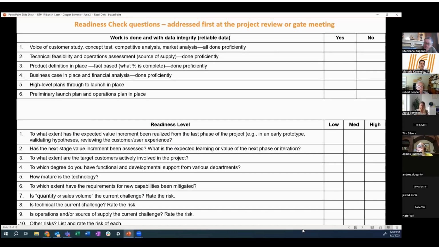So as Bob mentioned, there are these readiness check questions, and when I was in our innovation department, we were elaborating how can we make sure that we have our projects ready for moving to the next stage, doing that iterative learning demonstrator, then moving into the pilot, and then moving into development. How do we make sure that we're ready for the next step? And I looked into some of the big readiness sheets.